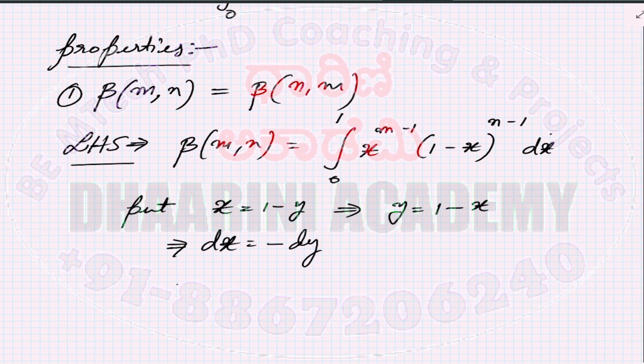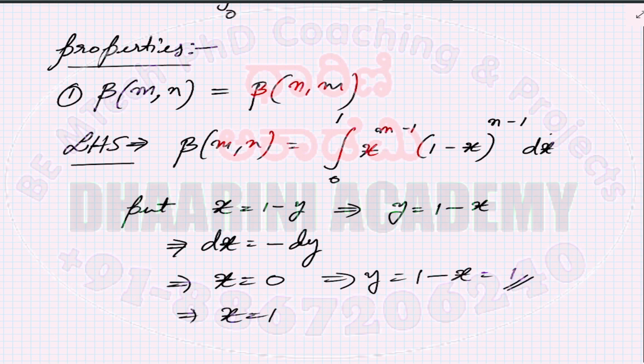So when x is equal to 0, find out what is y. y is equal to 1 minus x, so that is 1 minus 0, which is 1. Similarly, I have the other limit, x equal to 1, the upper limit. y is equal to, once again, 1 minus x. Now x is 1, 1 minus 1, so 0. So you see that x equal to 0 becomes y equal to 1, and x equal to 1 becomes y equal to 0.